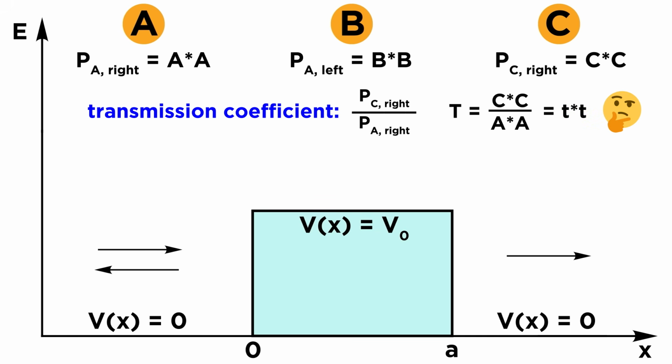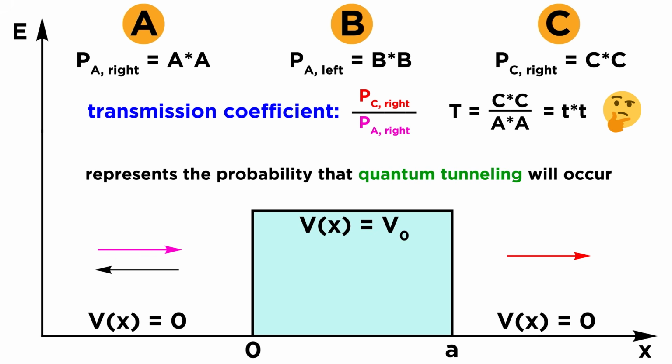So what does this term represent? Well, again, this coefficient gives us a mathematical description for what we described earlier, the probability of finding a particle traveling away from the barrier in region C versus traveling towards the barrier in region A, which gives us information about the probability that quantum tunneling will occur.